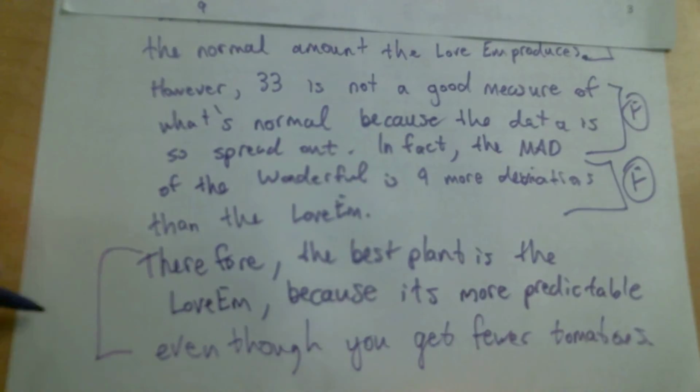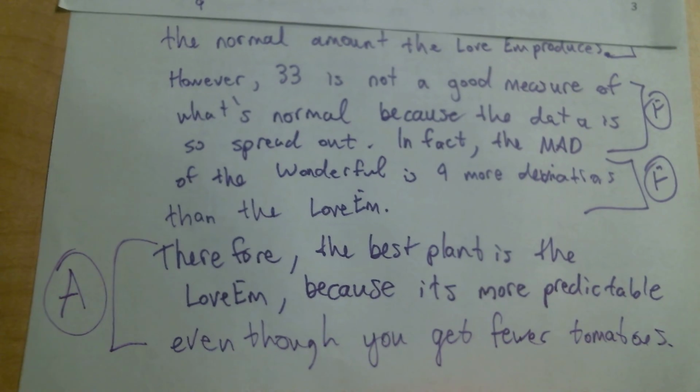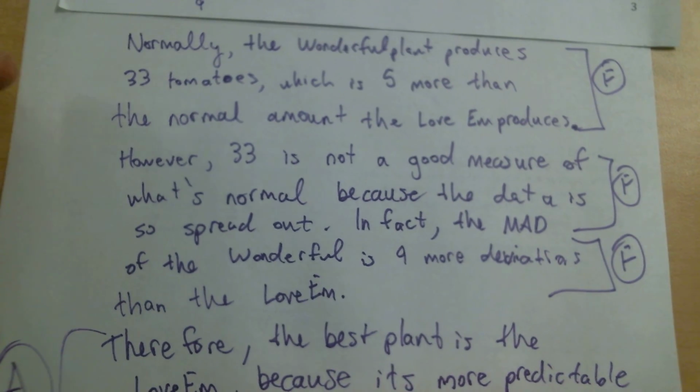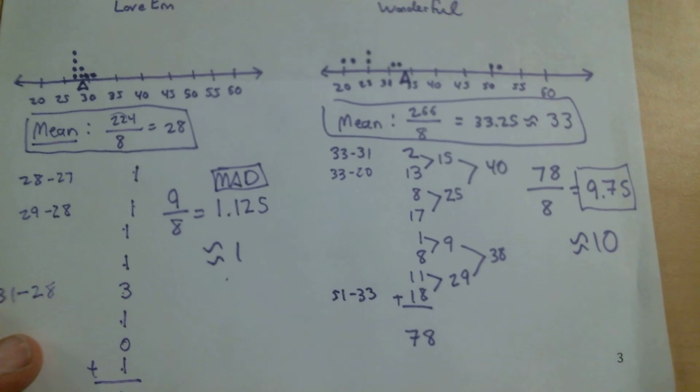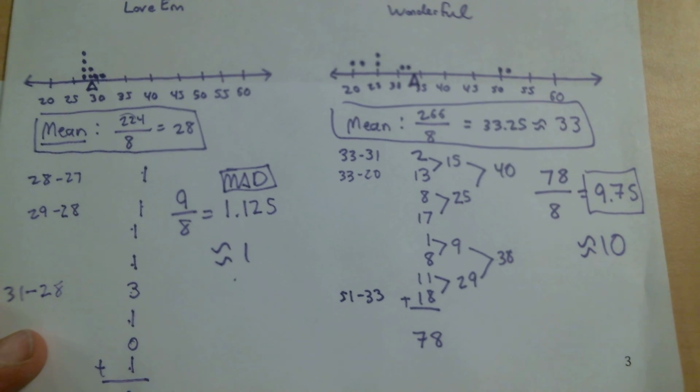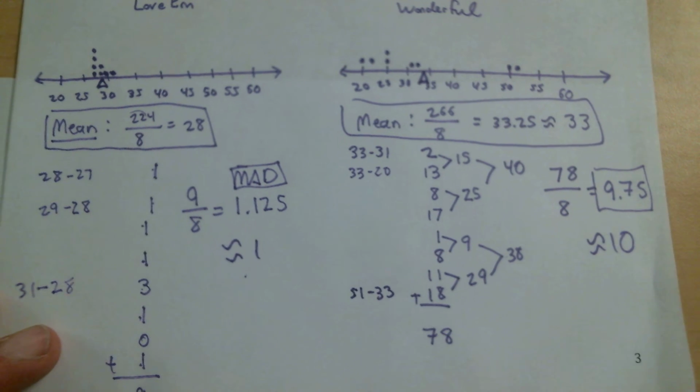So finally, we have our assertion with our word therefore. So that's a pretty long response, and we produced that after quite a bit of work. So this is a giant problem, but it's also a pretty awesome problem to think that you can produce all of that on your own.